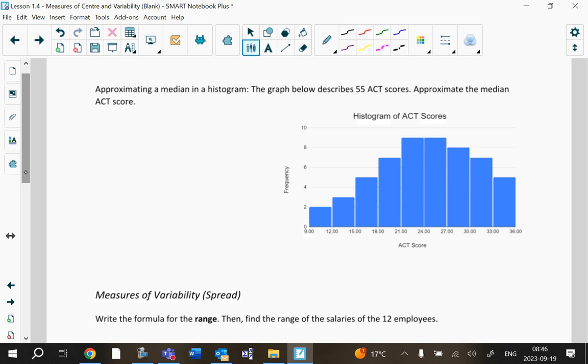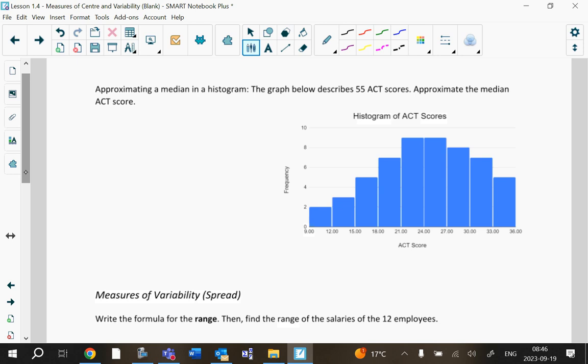Well, how would we do that? Yes, but this is even more important. Because remember, median is the middle number. Which position number will be the middle value in 55 values?